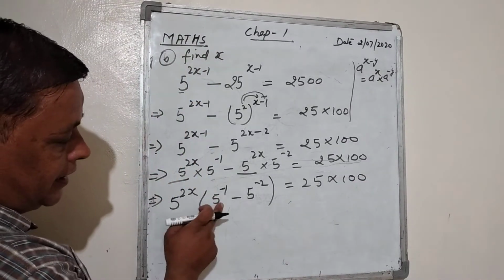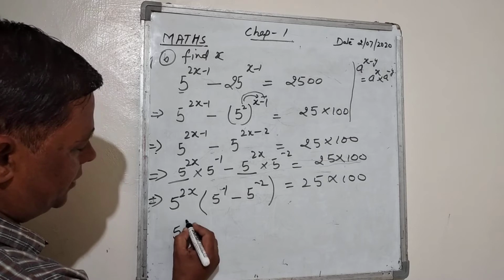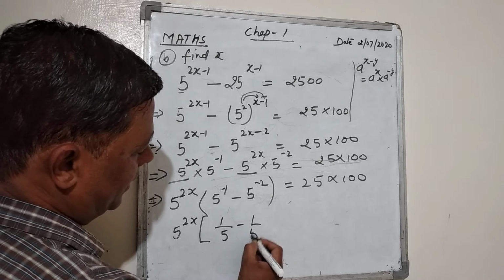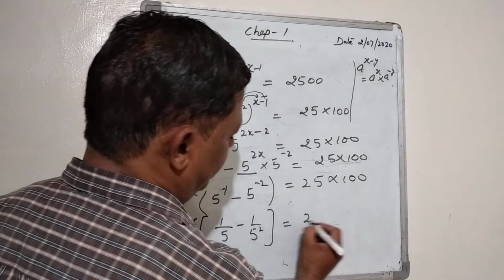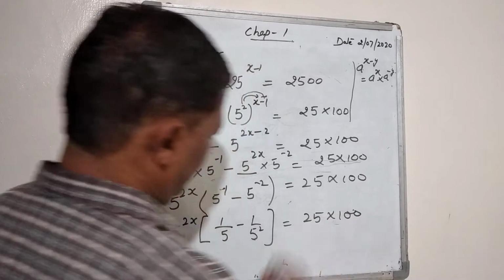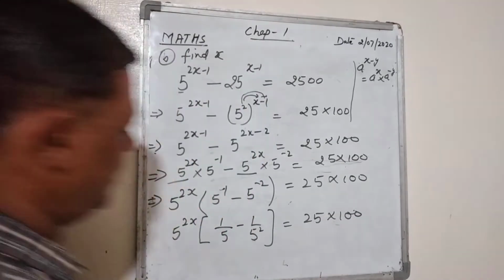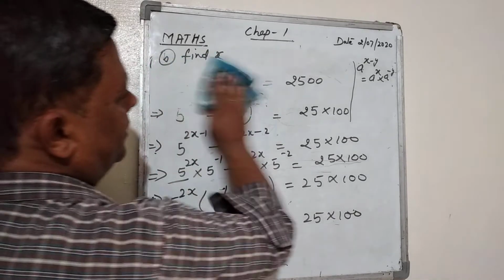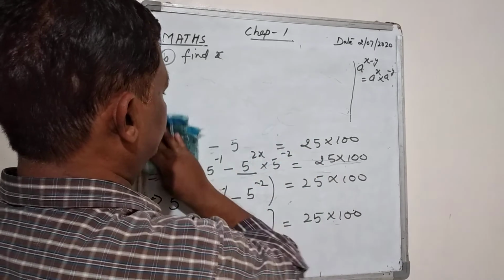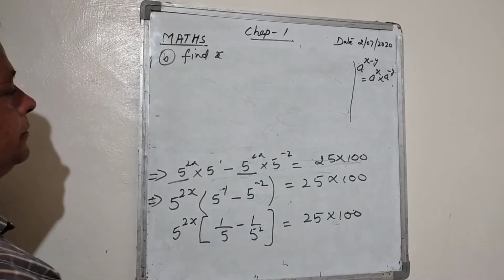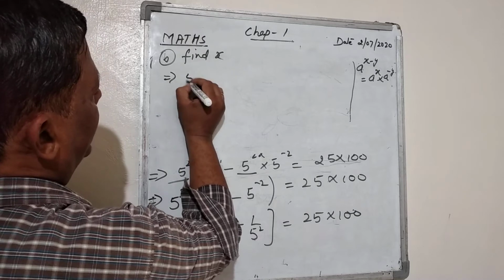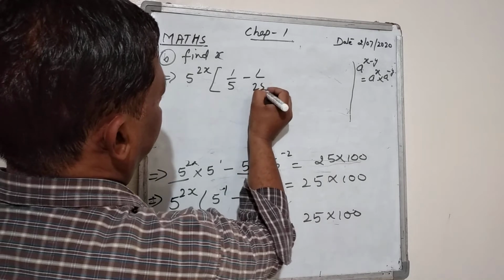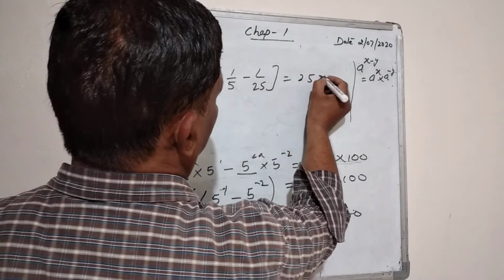Now we convert these negative exponents to positive ones. So 5 raised to the power 2x into 1 upon 5 minus 1 upon 5 square, that is 25 into 100. Now before we solve this bracket, we find the square of 5, that becomes 25. So we write it this way: 5 raised to the power 2x into 1 upon 5 minus 1 upon 25, then 25 into 100.